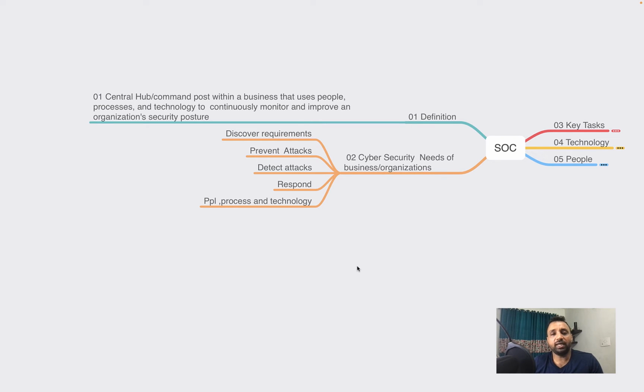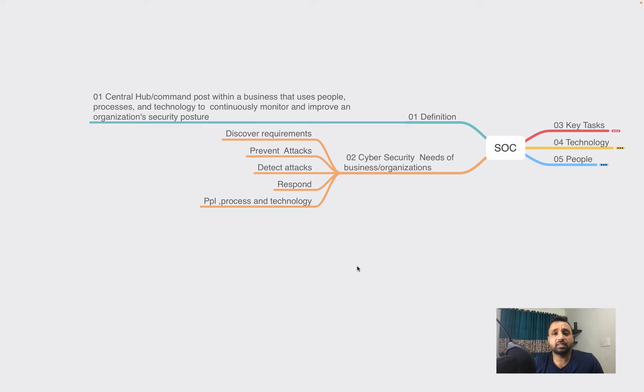So preventive controls do that, and then the next layer is the detective control. Whatever is known will be protected by preventive controls, but whatever is unknown has to be detected by detective technologies, and that's where SOC comes in.